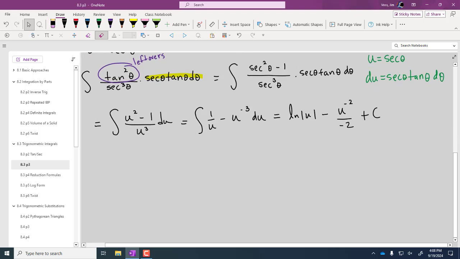We will change, definitely change. So we're going to end up with natural log of secant plus 1 over 2u squared. So u is secant, so 2 secant squared plus c.